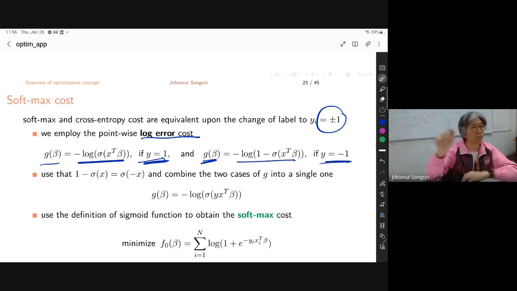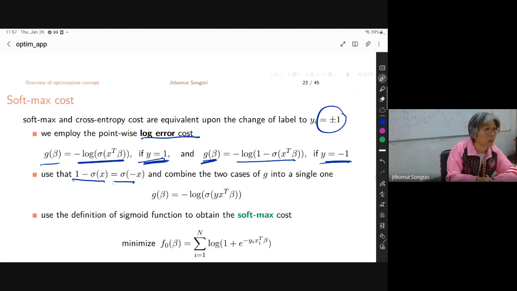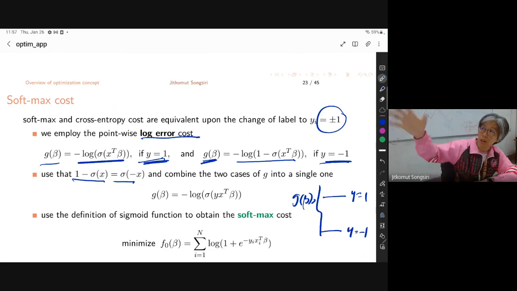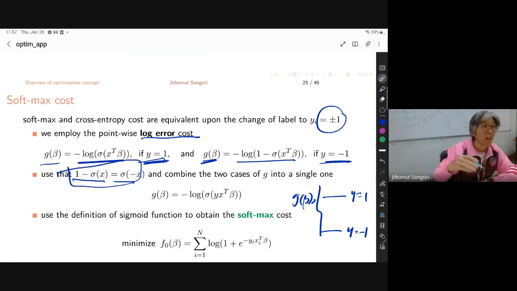Because of some mathematical property of the sigmoid, we can write the log error cost as a single function, which is this.